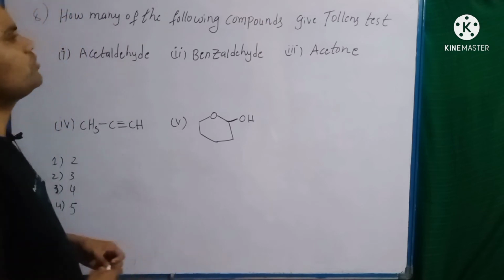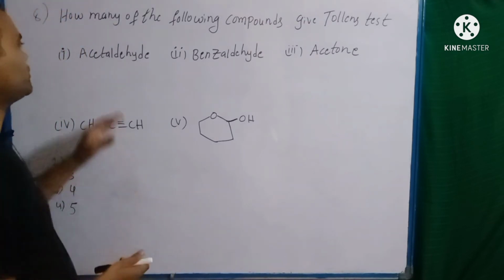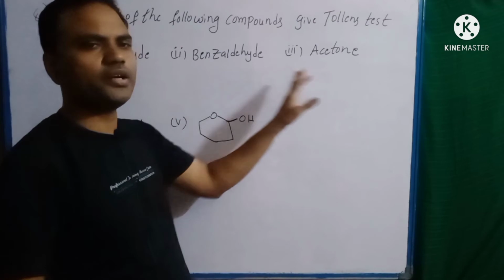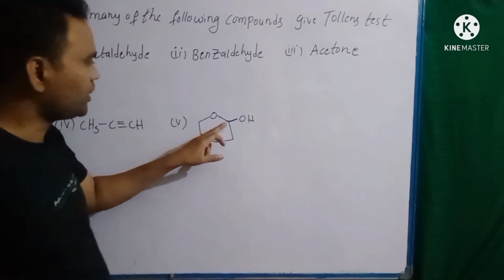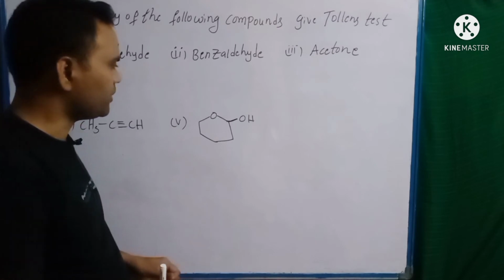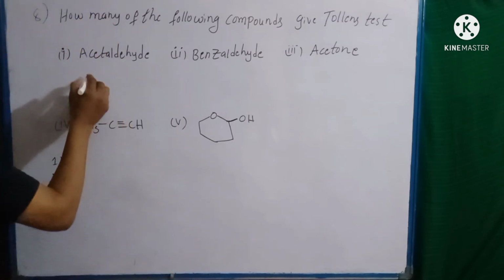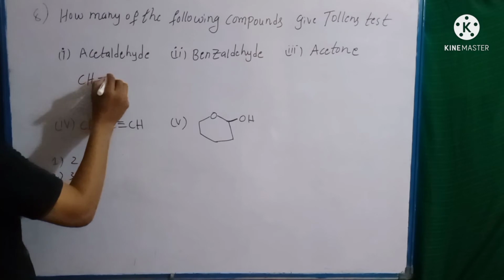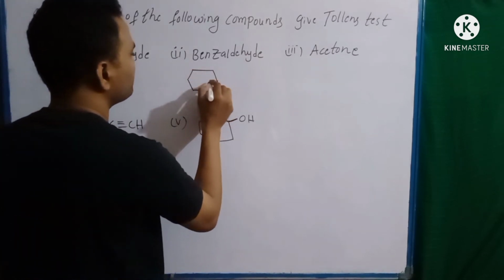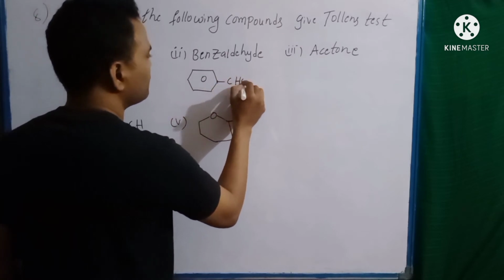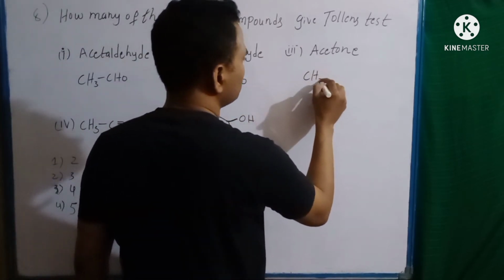How many of the following compounds give Tollens test? First one, acetaldehyde, benzaldehyde, acetone, propyne and hemiacetal, cyclic hemiacetal. Let us write the structure of acetaldehyde, CH3CHO, benzaldehyde and acetone.